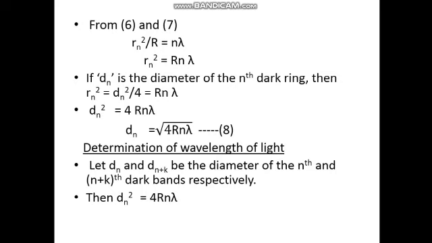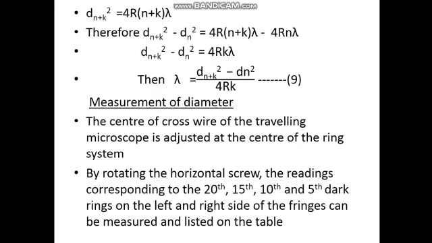Next is the determination of the wavelength of the monochromatic source of light. Let dn and dn plus k be the diameters of the nth and (n plus k)th dark ring respectively. Then dn square is equal to 4nR lambda and dn plus k square is equal to 4R into (n plus k) into lambda.